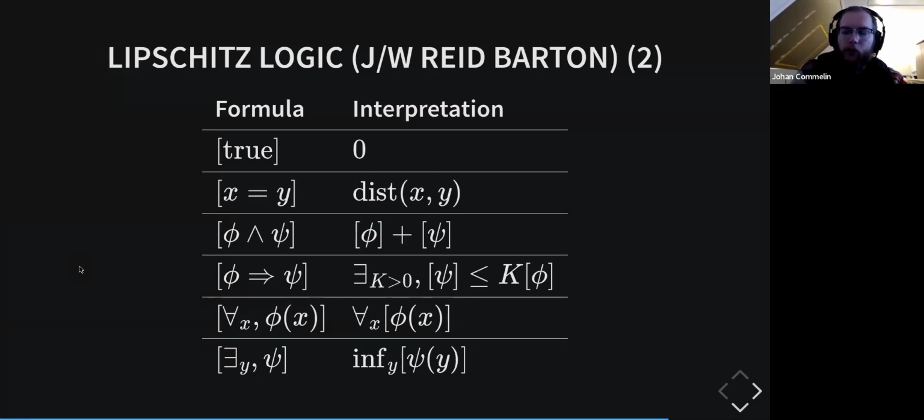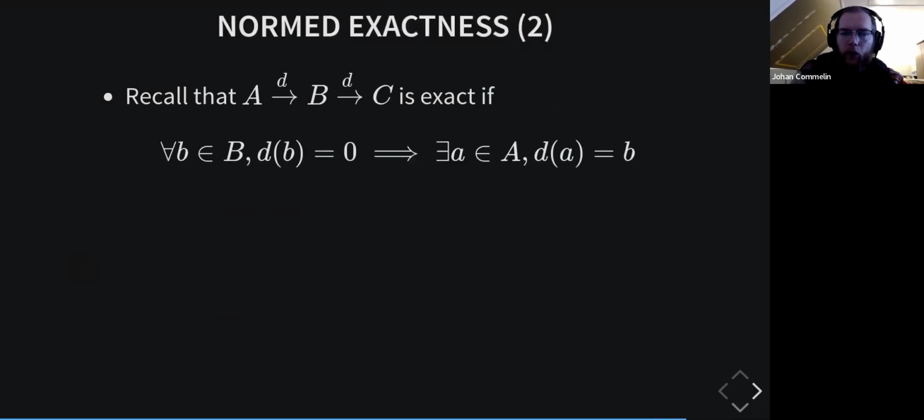So now let's move on to the example that we really care about, namely exactness. Okay, so exactness says for all b in capital B, if the differential maps b to 0, then this implies that there exists a little a such that the differential maps a to b. Right, so we have exactly 1 implication symbol, we have a for all on the left, and we have an existential on the right.